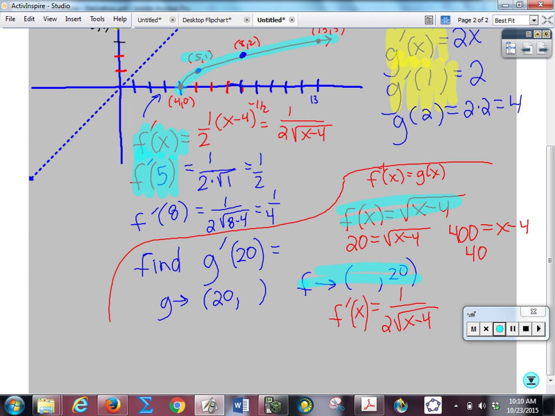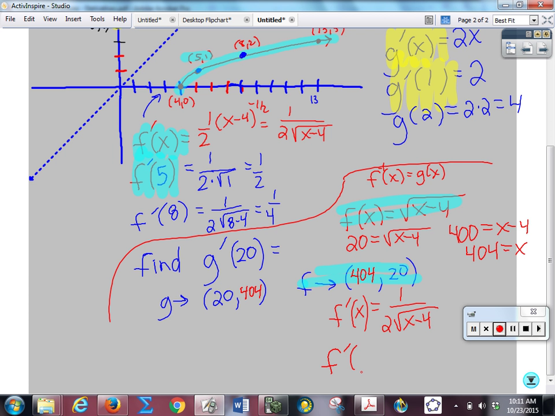It's not anything I really need, but when I plug in 20 into g, you would get 404 because they are just the x's and the y's switched. So if I want to find the derivative of g at 20, what do I need to plug in to my f prime? 404.